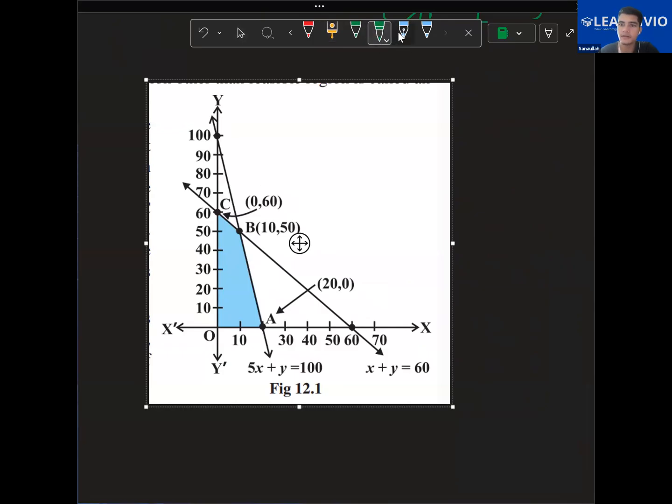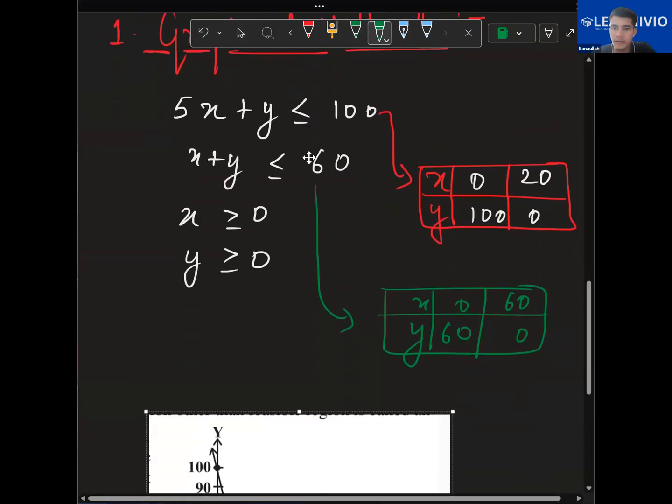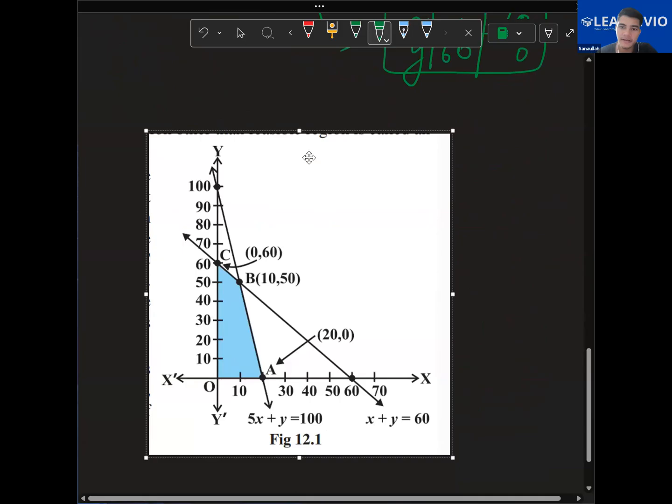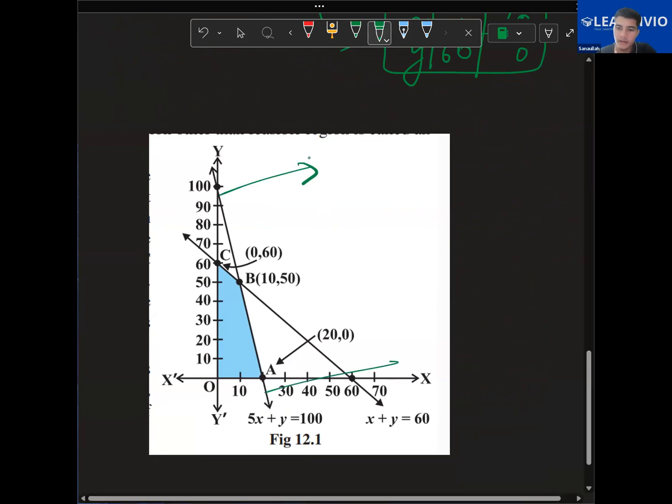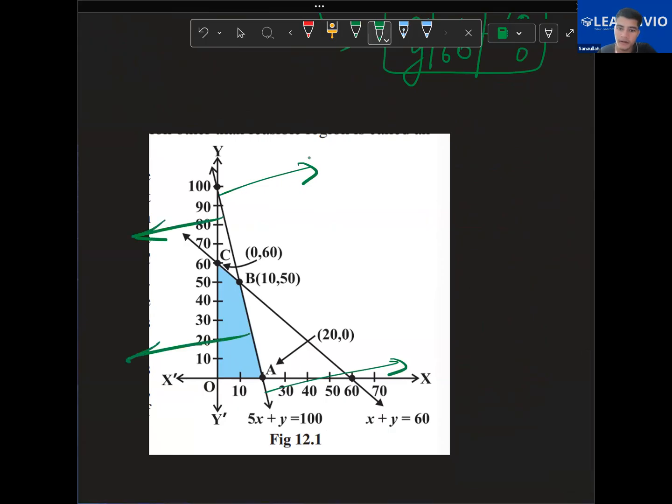Let me explain this to you. Now how will you check? See, this is your line, right? Can you see my cursor? Okay. So this is my line, and either you can go this way or you can go this way, on the right hand side or on the left hand side.